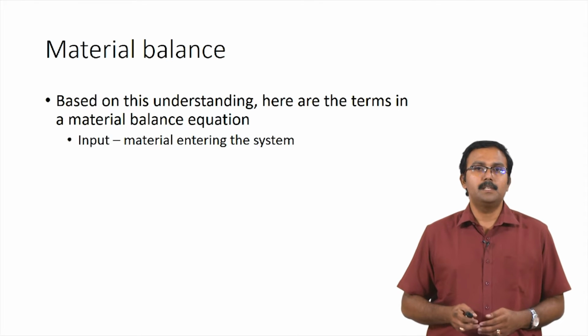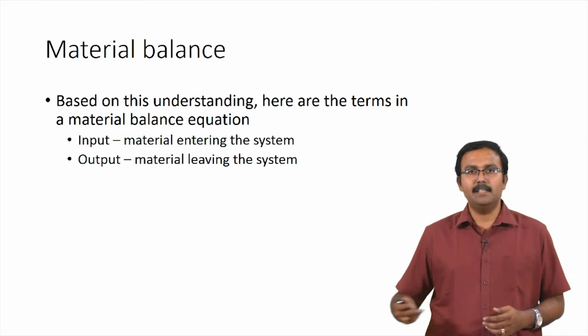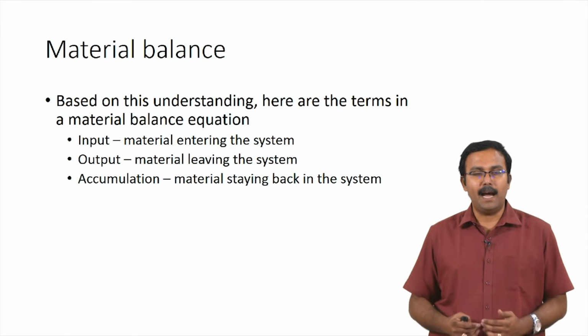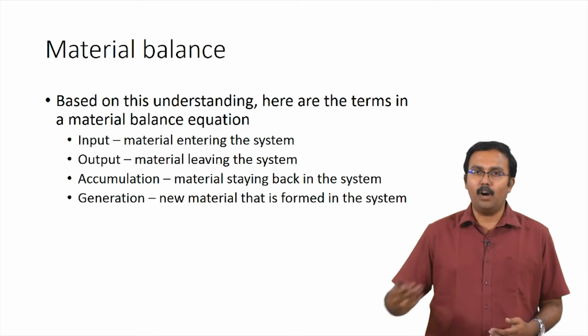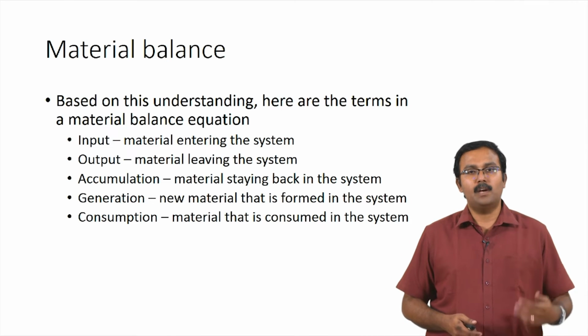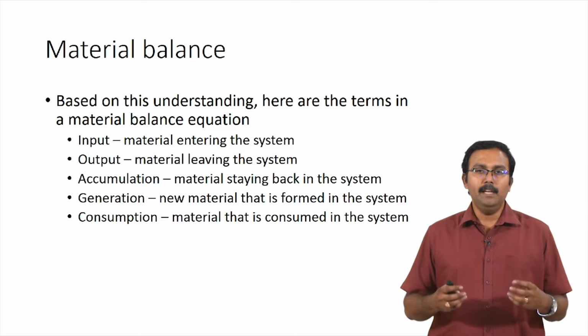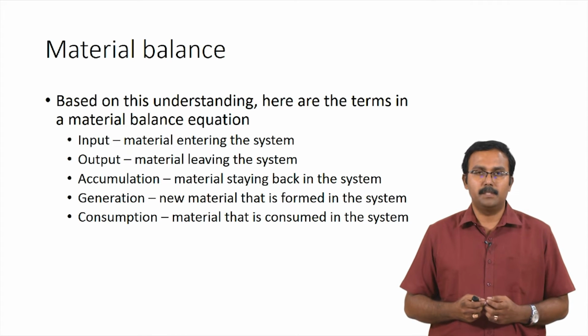Input, which is the material entering the system, output, which is the material leaving the system, accumulation, which is the material which is staying back in the system, generation, which is the new material which is being formed in the system, and consumption, which is the material that is consumed in the system.